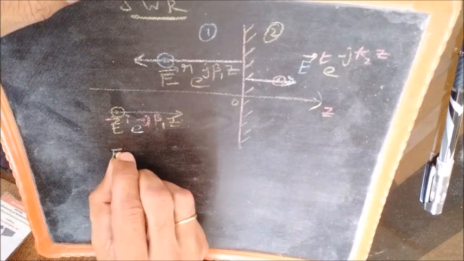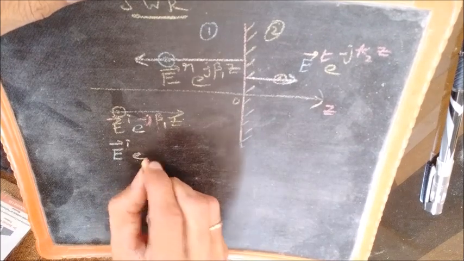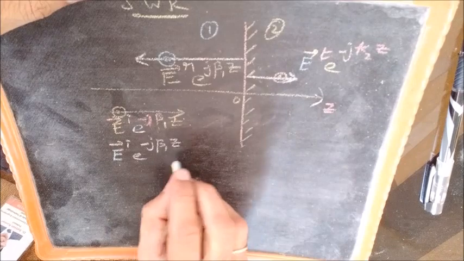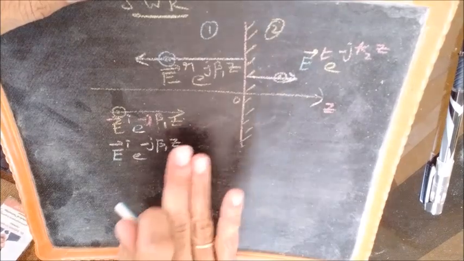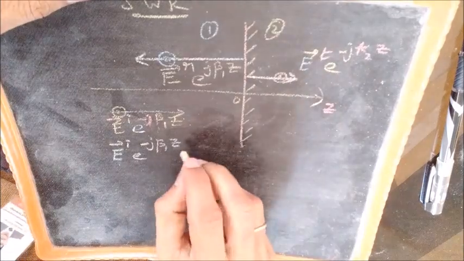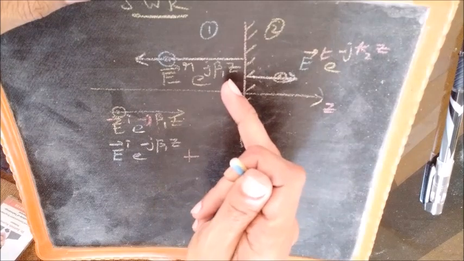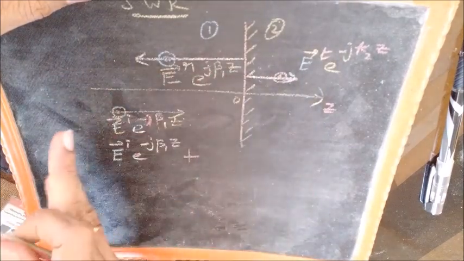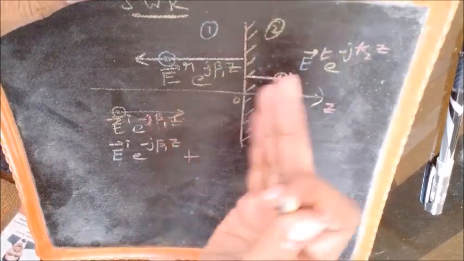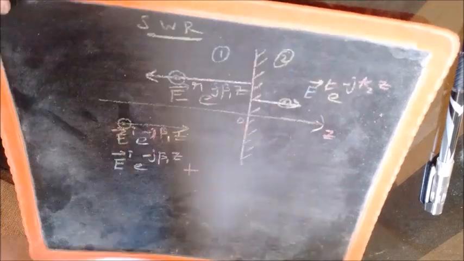a wave which is propagating in the forward direction. Of course, e raised to j omega t is also there, I will not write it because it's there throughout. A wave propagating in the forward direction, that is along the positive z direction, and there is also a wave propagating in the reverse direction, the one which is reflected from the interface and propagating away towards the negative z direction.